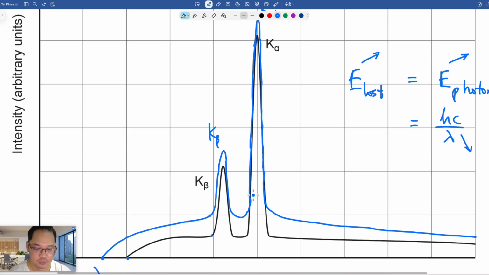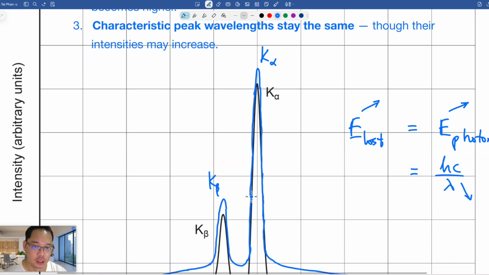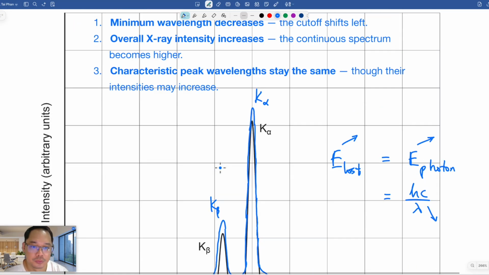You can see that the position of the two characteristic emitted photons K alpha and K beta that I drew is the same, because those characteristic K alpha, K beta depend only on the energy difference between the levels in the target metal.